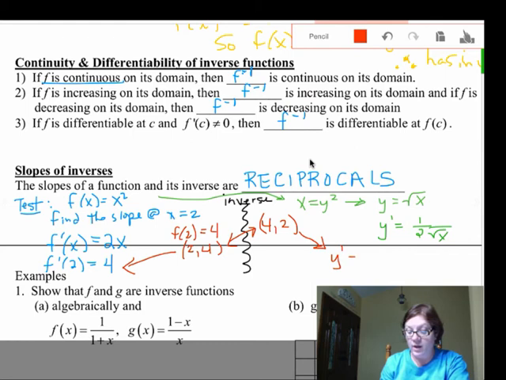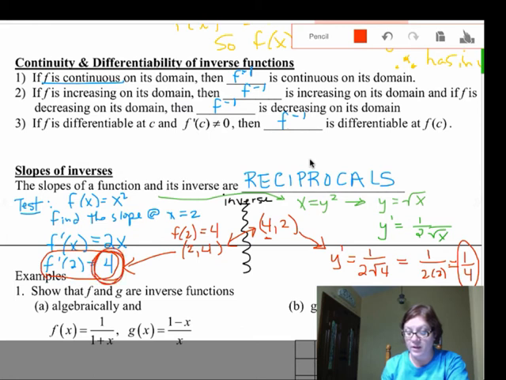So now I'm finding the slope at this point. So now y prime, the slope, would be 1 over 2 square root of 4. Remember, I have to plug in the x value. And I'll get 1 over 2 times 2, which is 1/4.